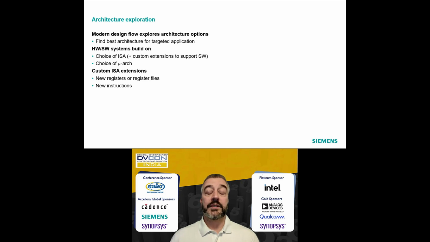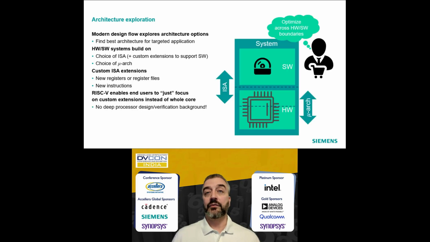And for your custom extensions, there are several things in general that can be done. You can have new registers or register files, including increasing the architecture register space of your particular core, or you can add custom instructions. Of course, arbitrary combinations of these two are also possible.